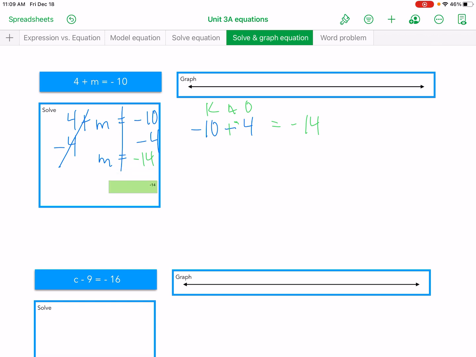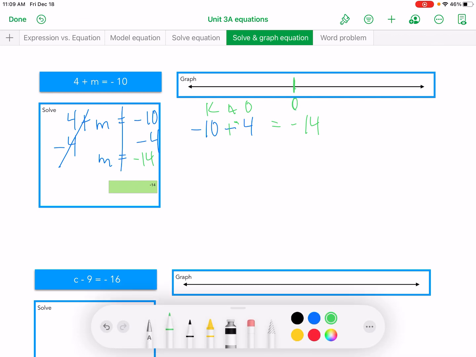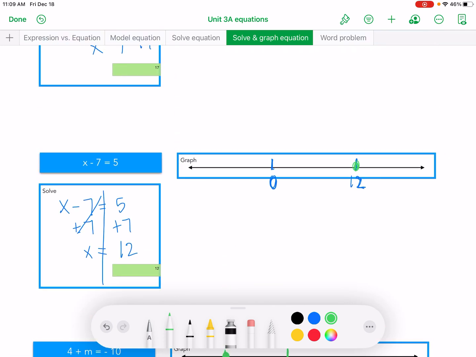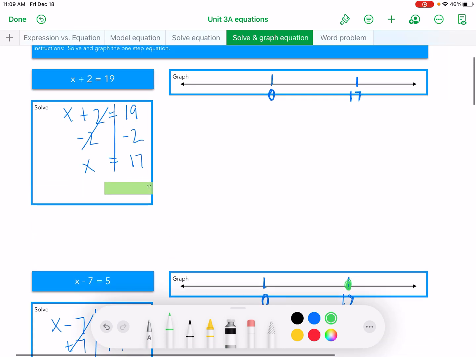Don't put spaces in whenever you put it into the cell. Okay, here we go. I'm going to put my 0. This is a negative number, so we're going to be on the left-hand side of 0, and I'm going to put it up top because I had my other work there. So that's representing negative 14. I'm going to actually plot it. There you go.